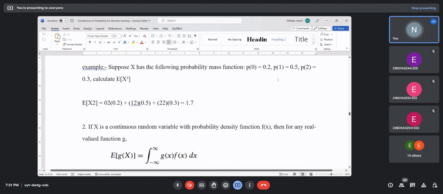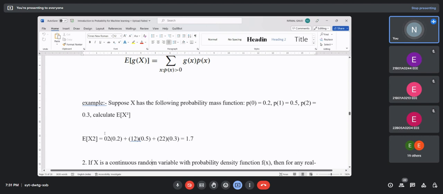So how to solve it: 0.2 multiplied by 0^2, then 0.5 multiplied by 1^2, and 0.3 multiplied by 2^2.